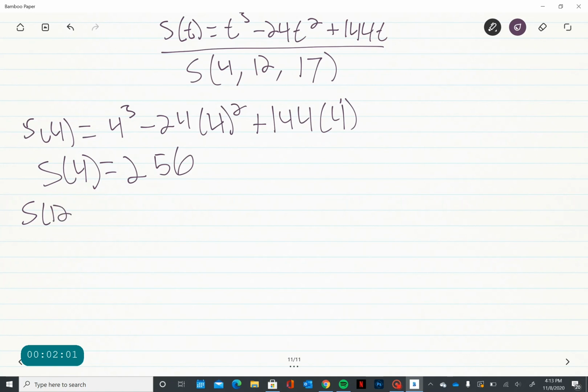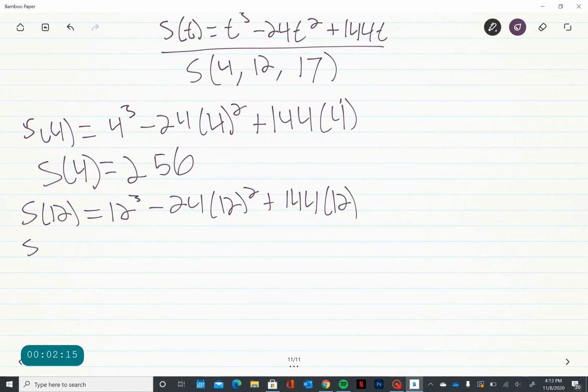S of 12, plug in the 12. And then we plug it into our calculator and we get 0 actually.